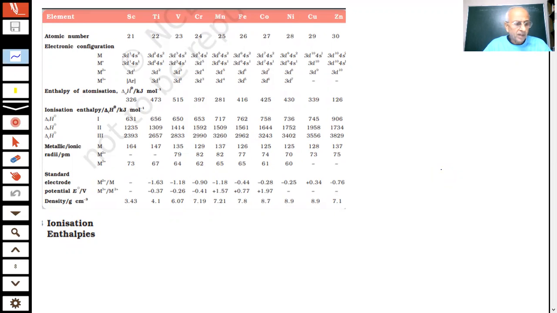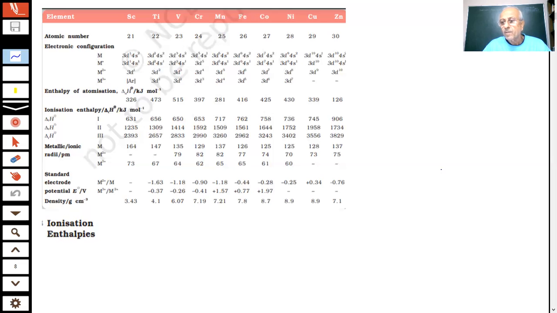I already discussed some very important lectures on transition elements, their physical properties and atomic properties. We have discussed, students, how the atomic radius varies in the 3d series.